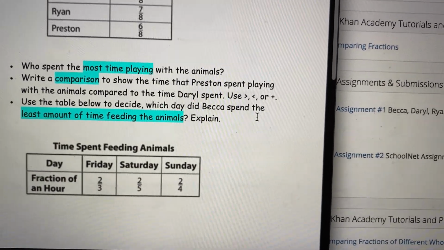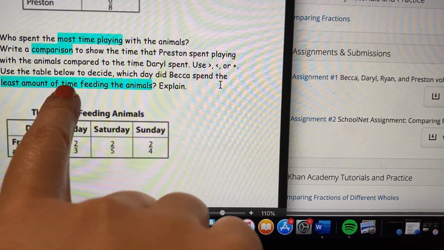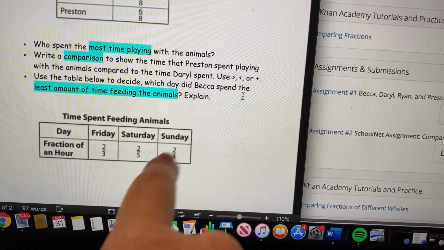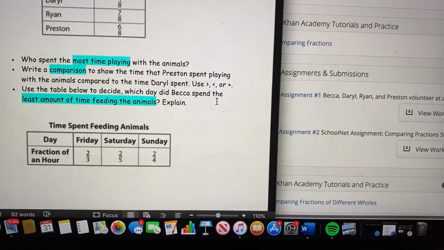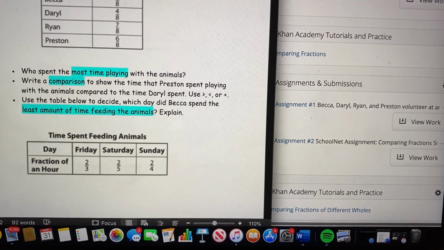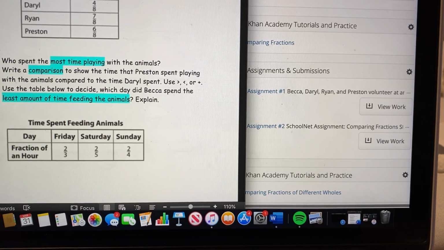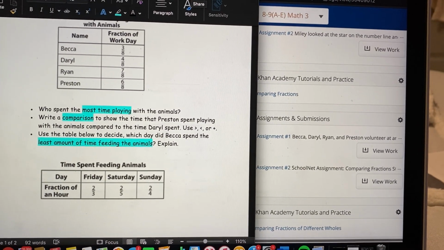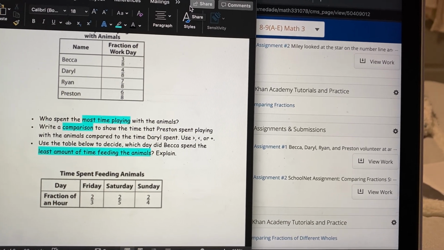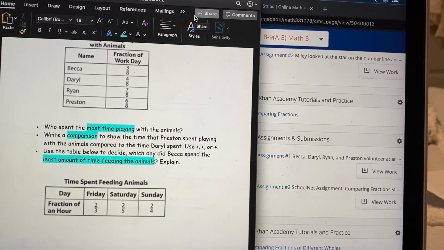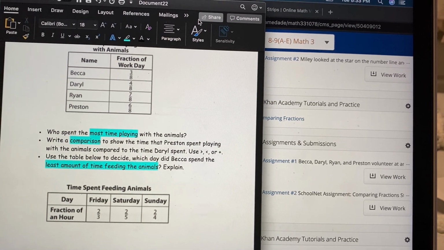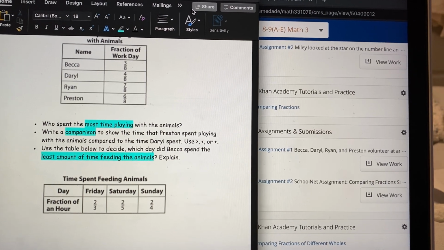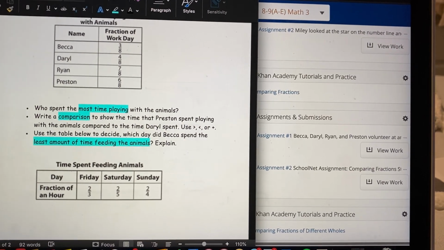Which day did Becca spend the least amount of time feeding the animals? So we need to find the smallest number, the smallest fraction in this chart. So I recommend you take out your fraction strips. If you have any beans, raw pasta, goldfish, Legos, cotton balls, beads, anything, you can use that.